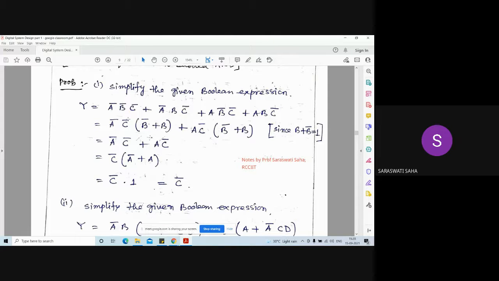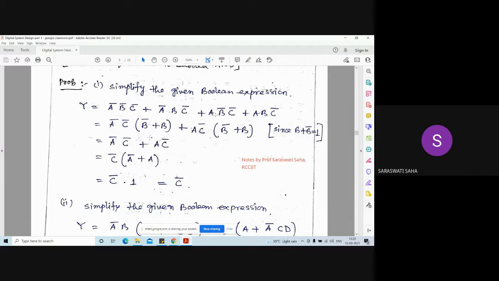Here De Morgan's theorem is not used. Here just simple laws are used. There are four terms: A bar C bar, then A bar C bar is here, then B plus B bar gives us 1.